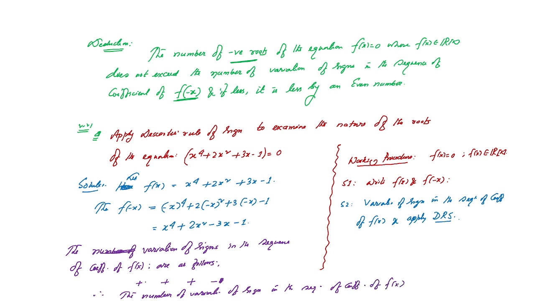Plus to plus, no variation. Here also no variation. There is only one variation, that is 1. So that means there is only one variation of sign in the coefficients of f(x).